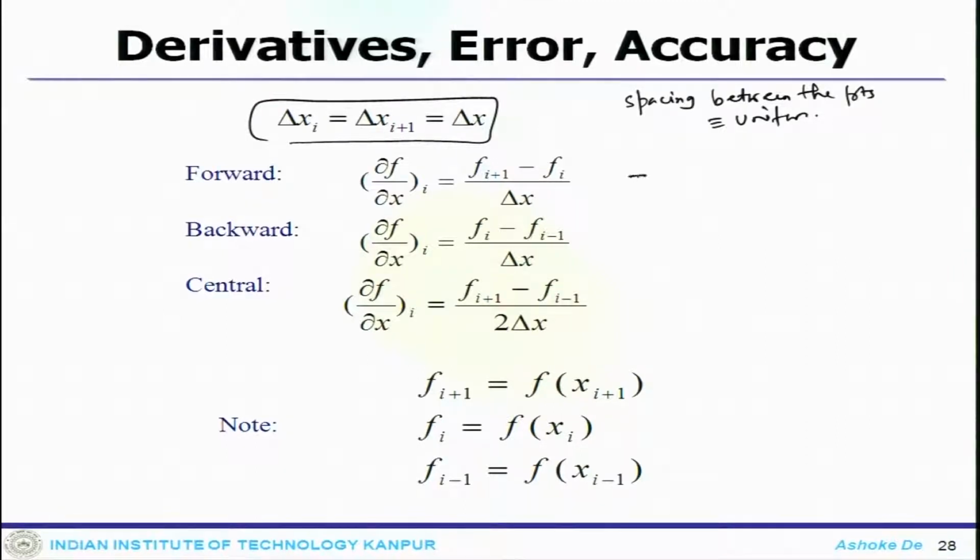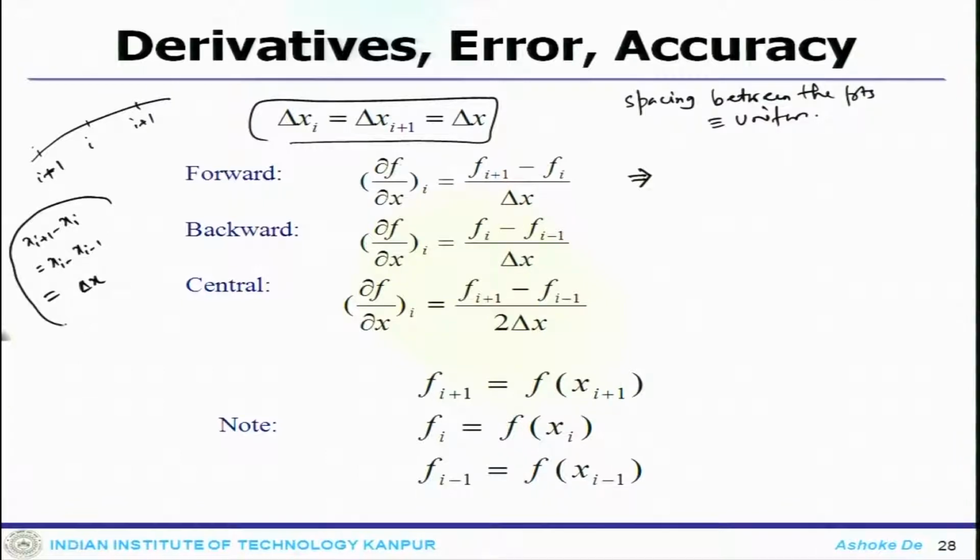My forward difference can be written like that, with points distributed like this, i plus 1, i minus 1, and x_{i+1} minus x_i equals x_i minus x_{i-1} equals delta x.